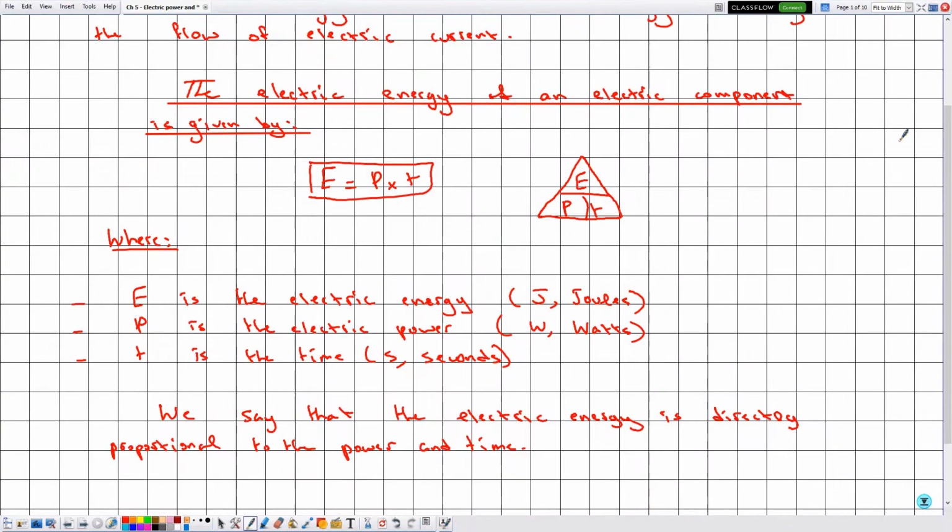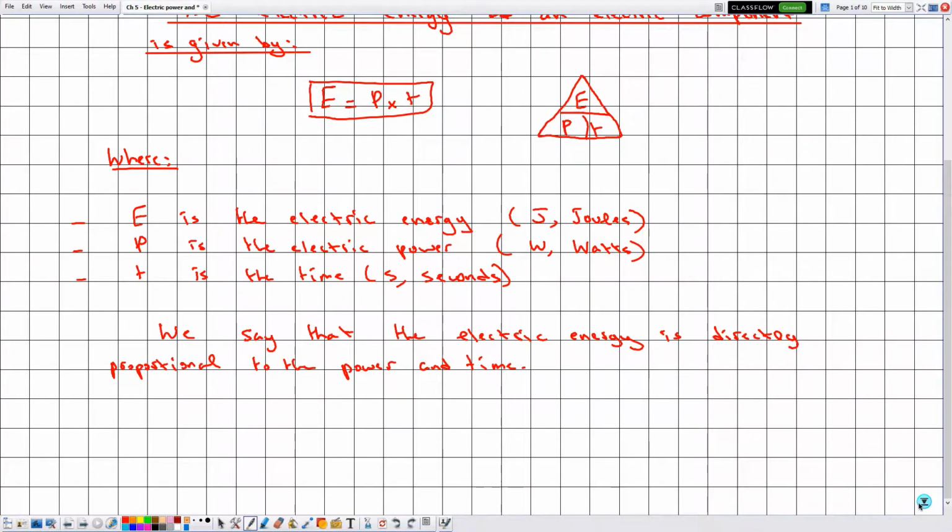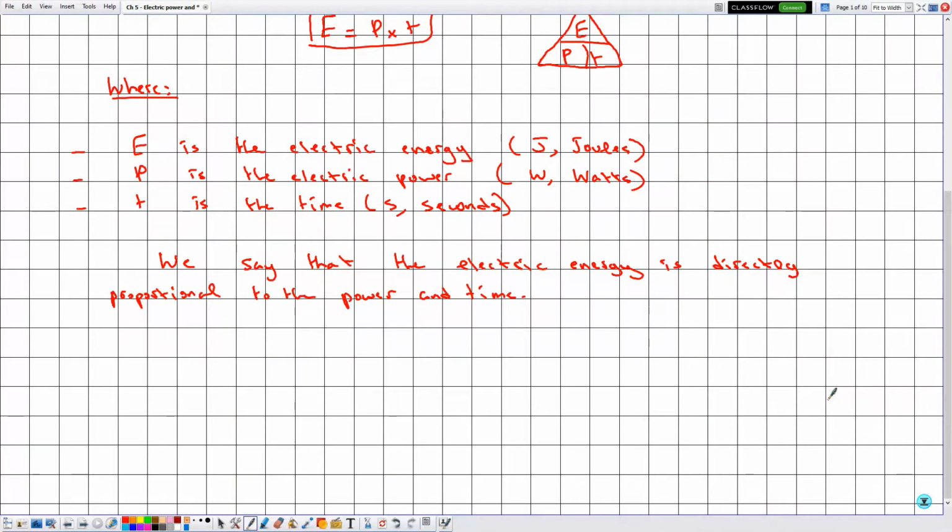But notice that in our case, so let me say the following: joules, which is simply given by J, is the SI unit of energy.